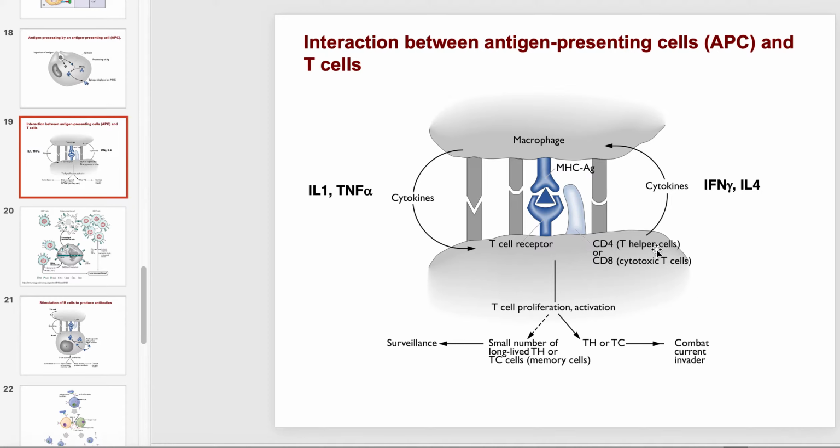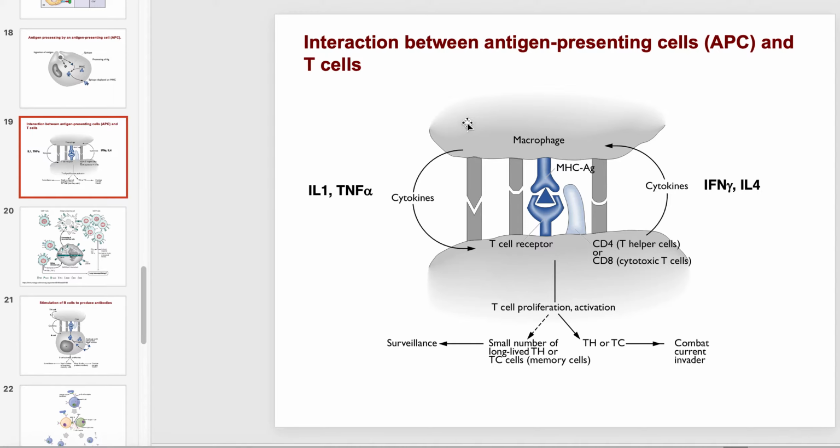CD4 T cells are called T helper cells, and they're, as I said, like the quarterback of the immune response that will go on to stimulate other cells. If it happens to be a CD8 type T cell, that's the cytotoxic T cells. These guys behave like natural killer cells or NK cells, where they can go off and fight very specific intracellularly infected cells. They can destroy them.